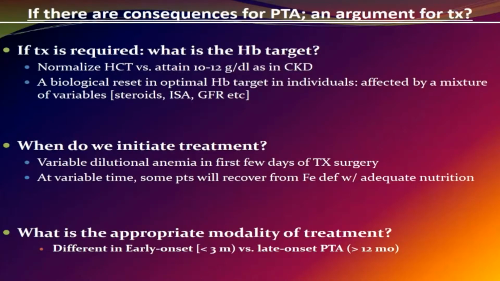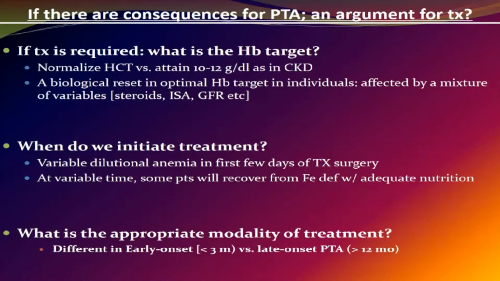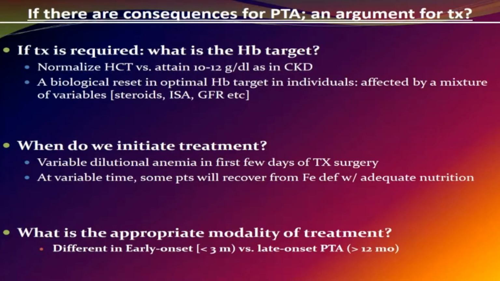If there are consequences for post-transplant anemia, this opens an argument for treatment. If treatment is required, then what is the hemoglobin target that we'll be shooting for? Shall we normalize hematocrit in every patient with post-transplant anemia? Or shall we try to attain maybe 10 to 12 grams per dL as we do for patients with CKD?